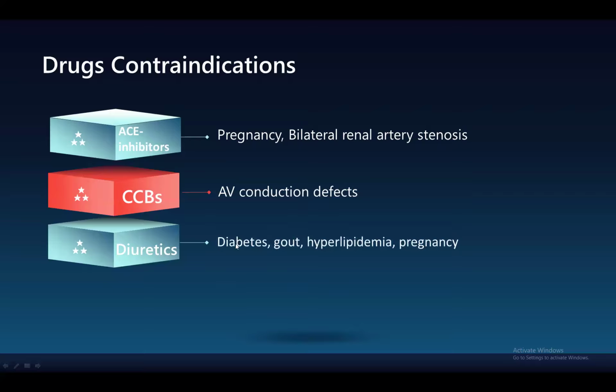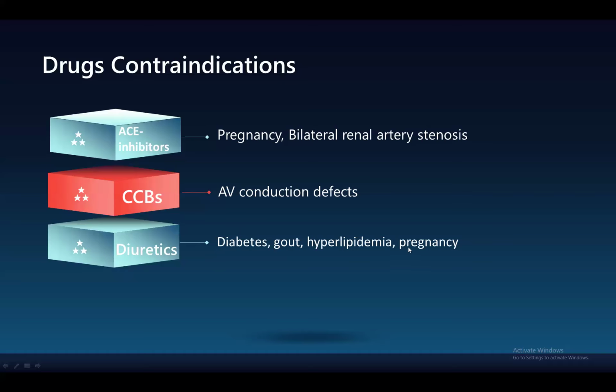In diabetic patients, diuretics can increase the blood glucose levels. In gout patients, diuretics can increase the uric acid levels, so it can precipitate a gout attack. In hyperlipidemia patients, diuretics can increase the levels of LDL and triglycerides.